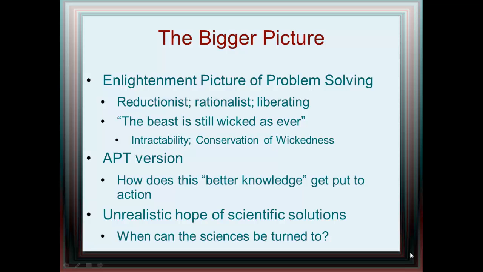I want to take a moment to address some of the bigger picture items that this article draws out that really weren't discussed in the previous one. And again, this is because this is 30 years after the first one was created. And we have to question, is this really asking us to give up the Enlightenment picture of problem solving?